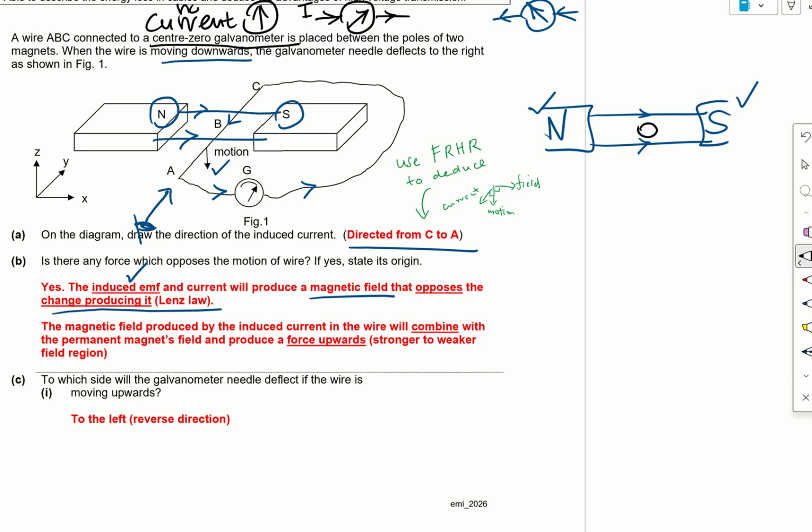Instead of seeing the whole length, I see the cross section of it, and I know that the force is going downwards. So this is electromagnetic induction. We are providing a force for the wire, or the conductor, to cut through the magnetic field.